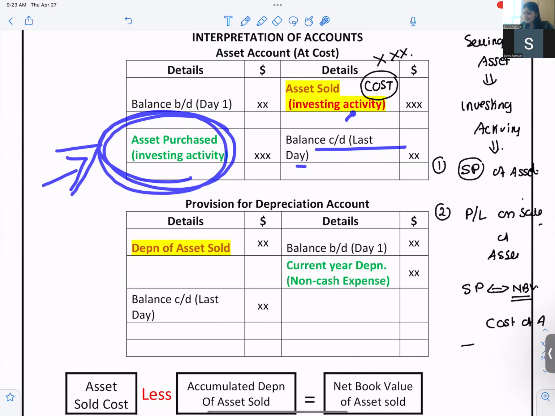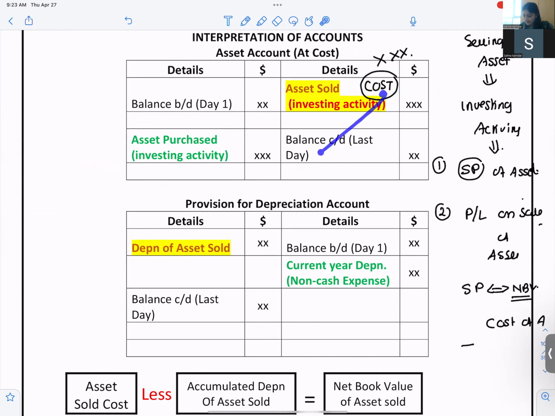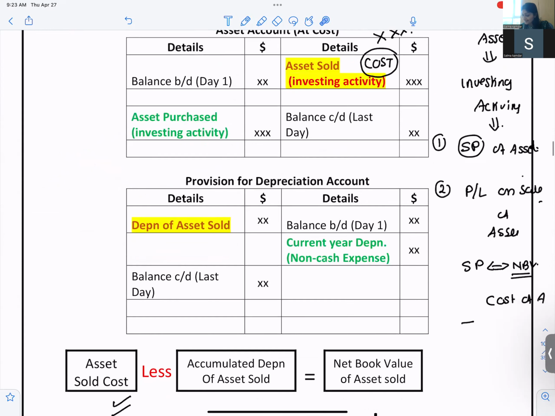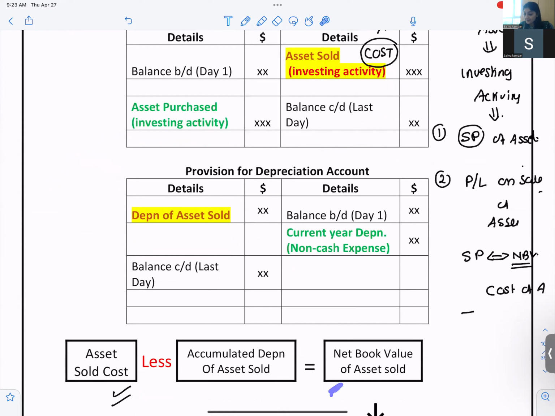But when you're selling an asset, yes, it is an investing activity, but this figure is not the selling price, this is the cost. From the cost, you will minus the accumulated depreciation of the assets sold. You will get the net book value, and the money that you receive on sale of the asset will be given in the question.